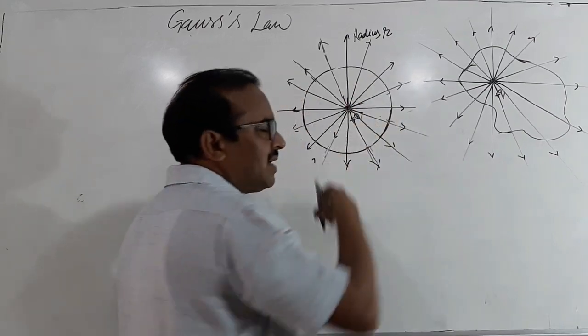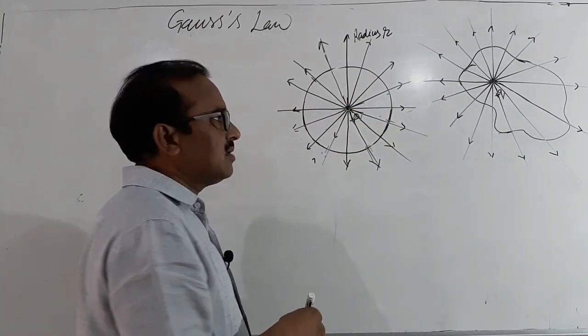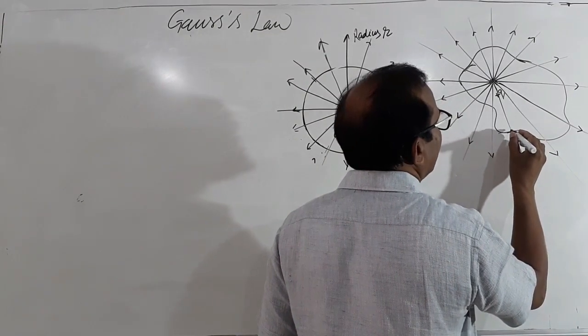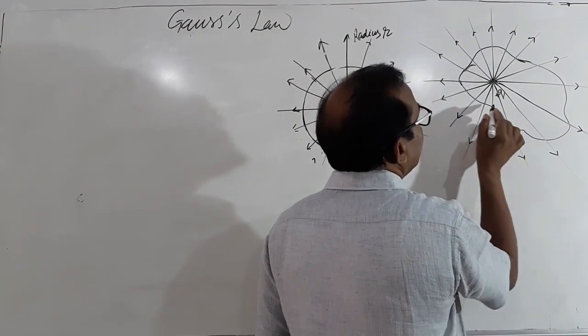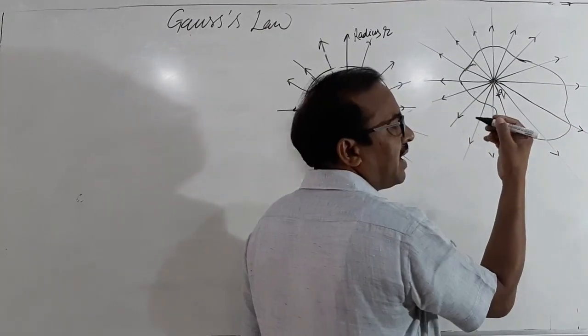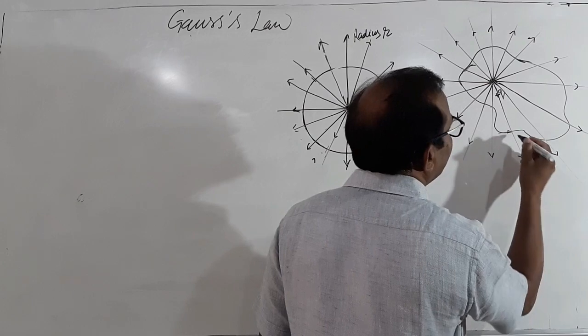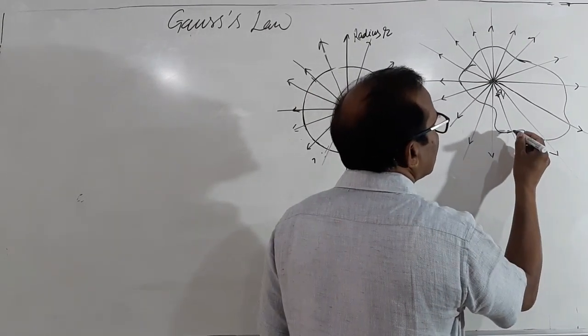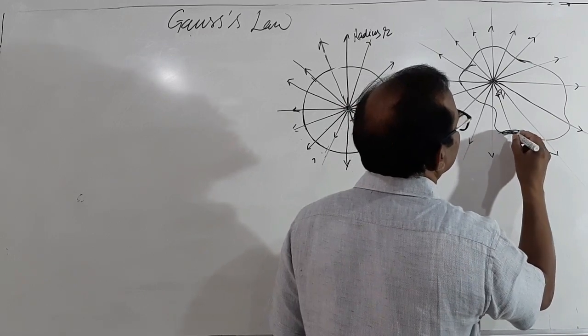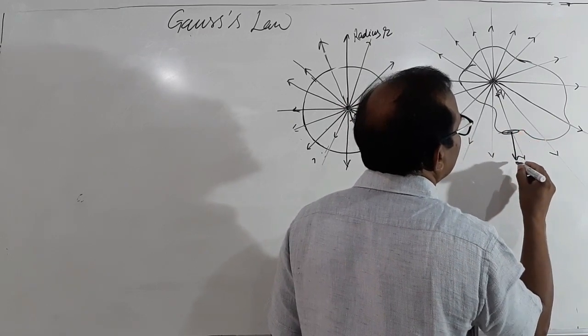So let us divide this surface into a large number of elements. Because in the case of an irregular surface, at different locations the angle between the electric field vector and the area vector is different. Here the area vector is directed here.